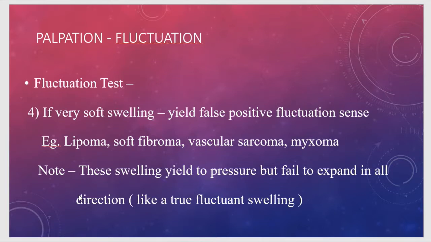These swellings yield to pressure, but they fail to expand in all directions. And expansion in all directions after applying pressure is a characteristic of a true fluctuant swelling. So this is not seen in these swellings: lipoma, soft fibroma, vascular sarcoma, and myxoma.